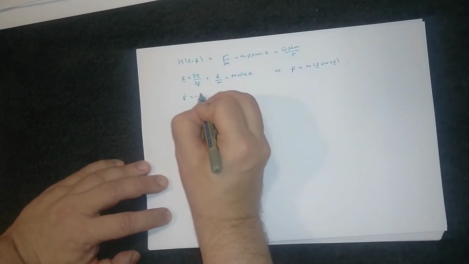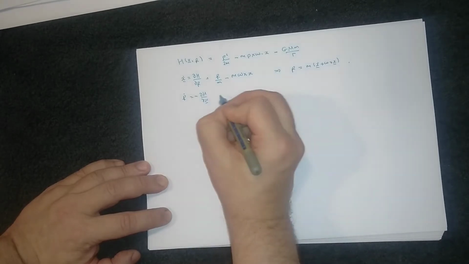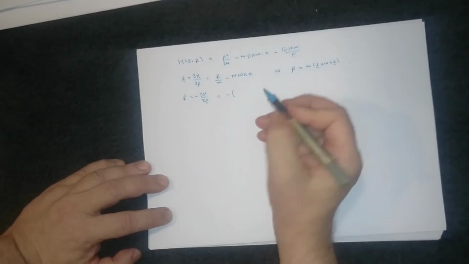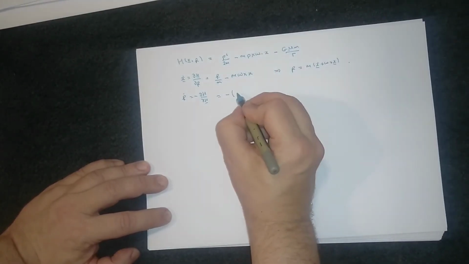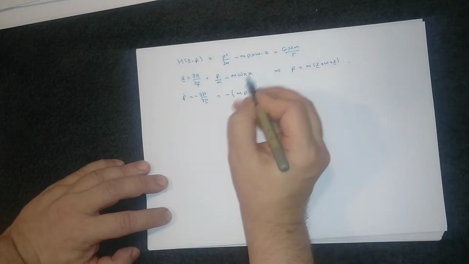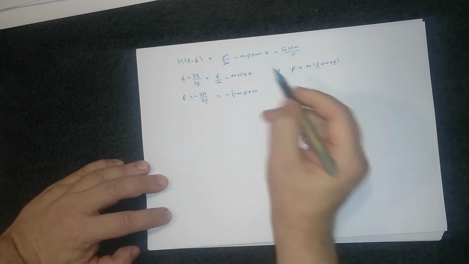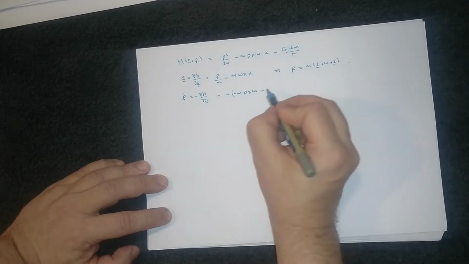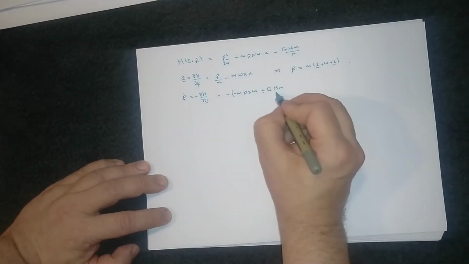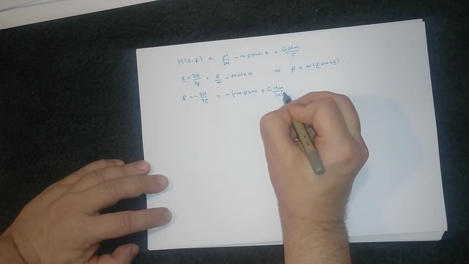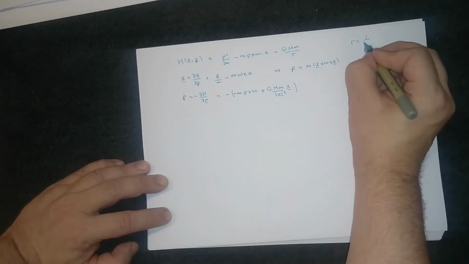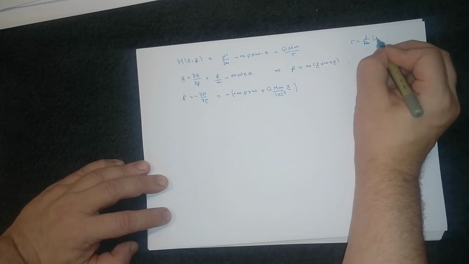p dot is minus dH by dx, is minus m p cross omega plus GMm over mod x cubed times x, here r is mod x.